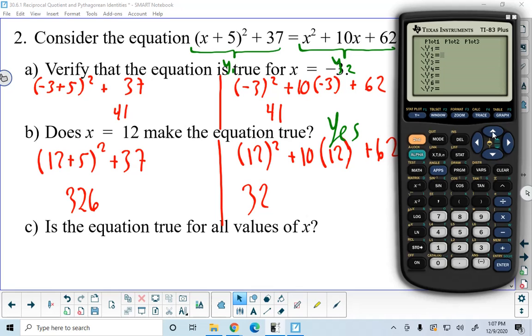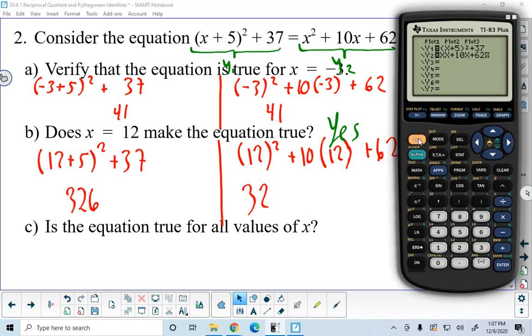That's not the point here. For y1, I'm going to put in brackets x plus 5 end bracket squared plus 37, and then I'm going to have x squared plus 10x plus 62. Double check to see that I've entered them correctly. So I'm going to my table.